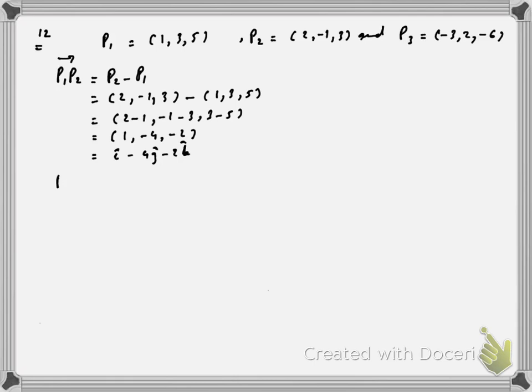Now find vector from P1 to P3, which is equal to P3 minus P1. P3 is minus 3, 2, minus 6 and P1 is 1, 3, 5.